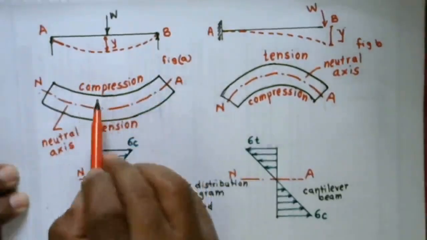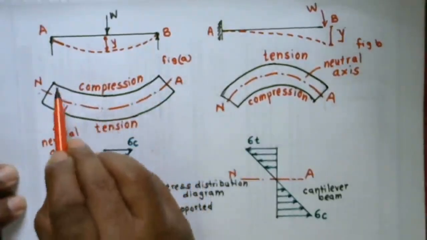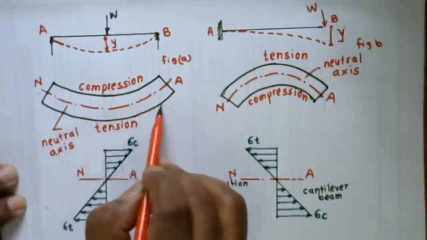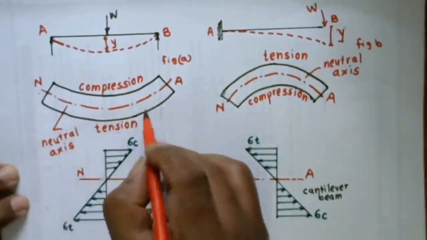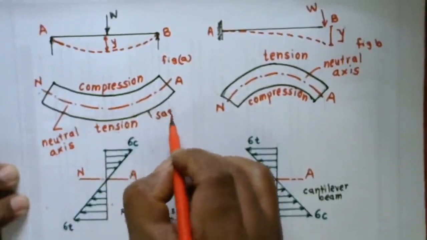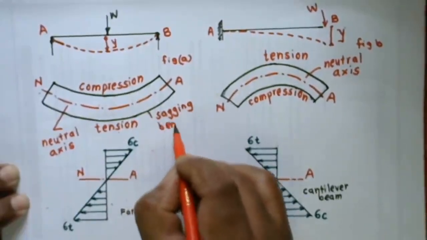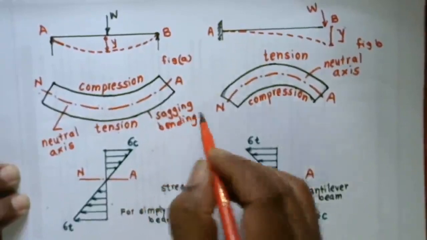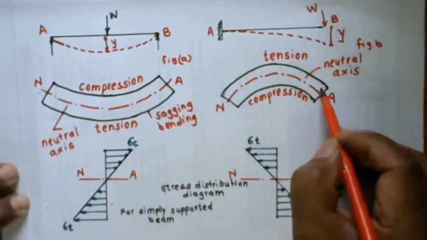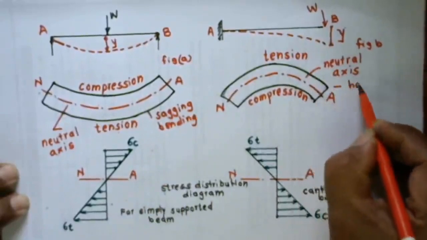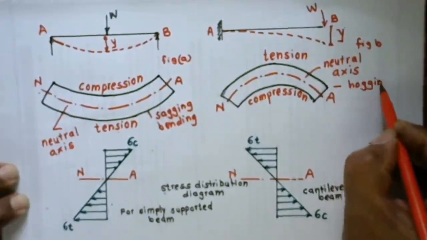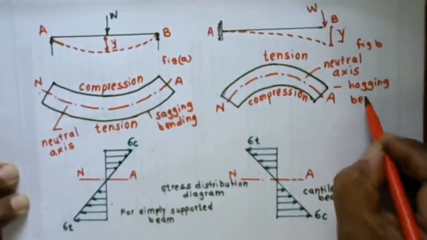When we consider the simply supported beam, at that time the beam deflects in this manner. So you may say here it is a sagging pattern, sagging bending moment, whereas in the case of a cantilever beam it is a hogging pattern, or you may say hogging bending.